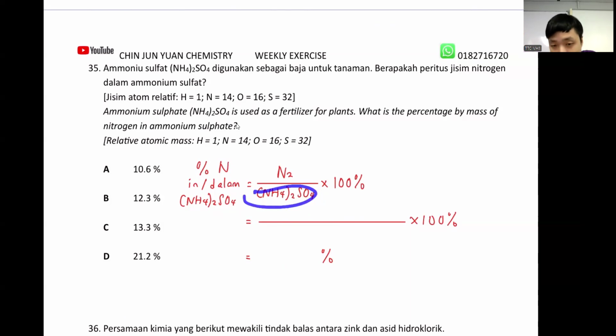So you put the total mass at the bottom and the thing that you want to find at the top. 放总数在下面，总数的质量放下面，你要找的东西放上面。Then times 100%.